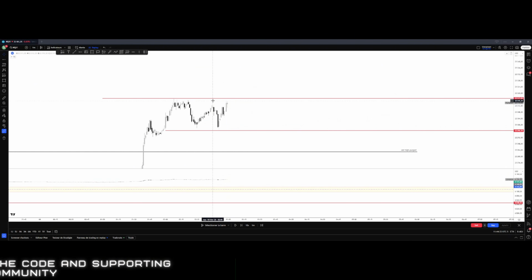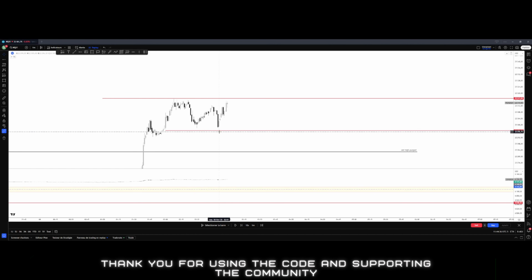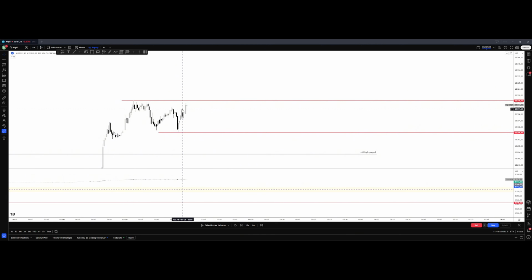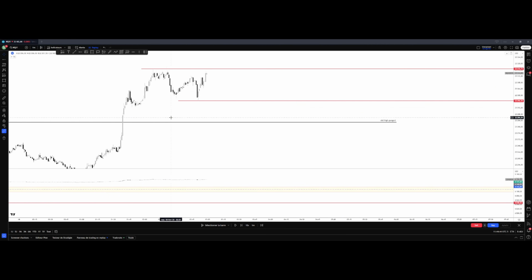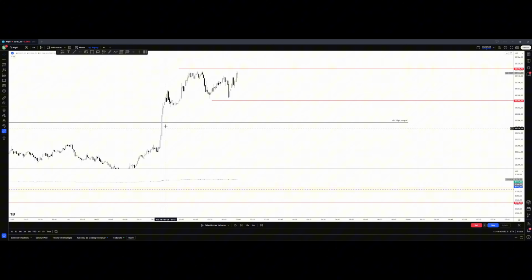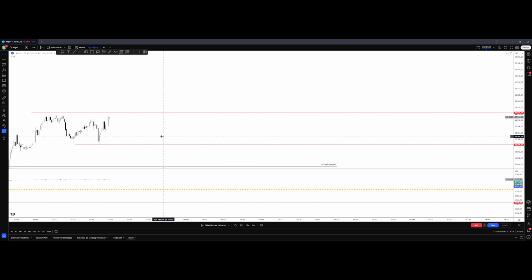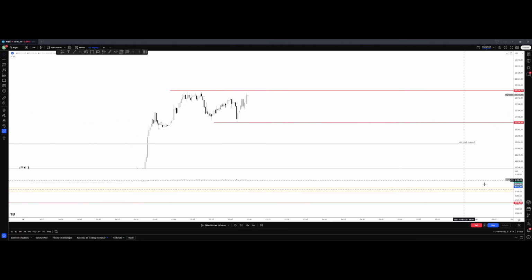Here is my CRT. So this is the low of that candle, and this is the high. If you look closely, this candle was just a push up, while this candle was actually a range. When you go to lower time frame, you will see that this was also a range.